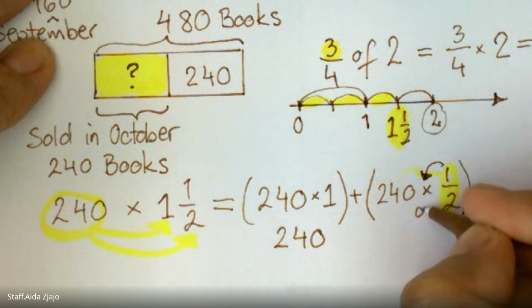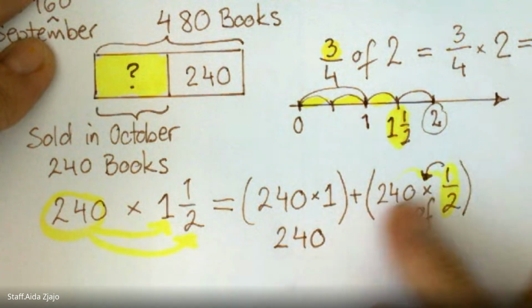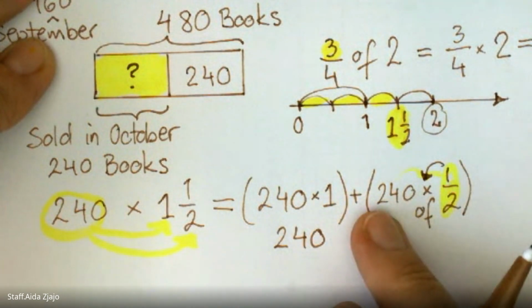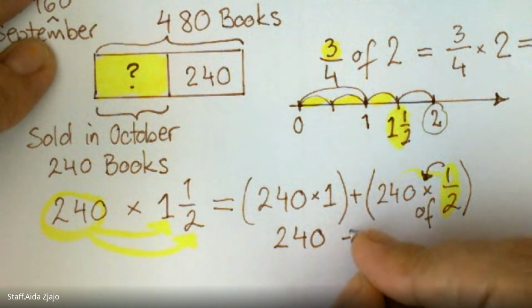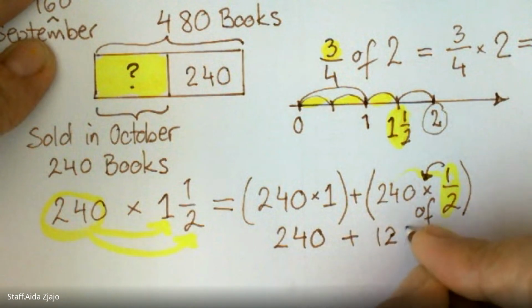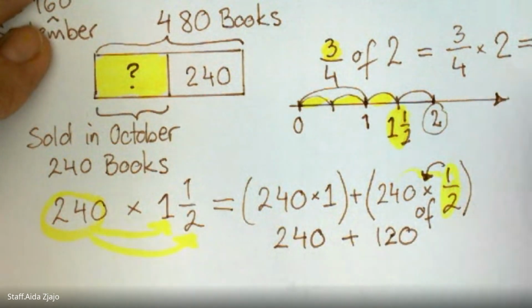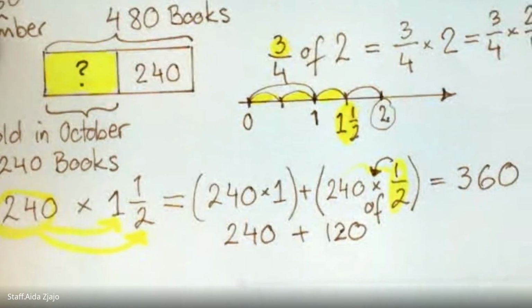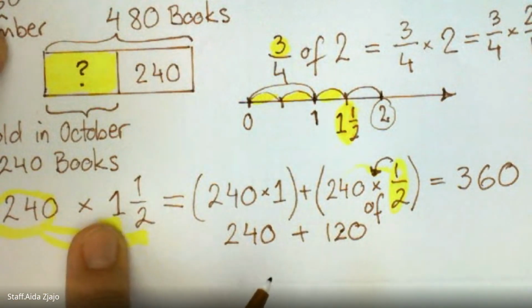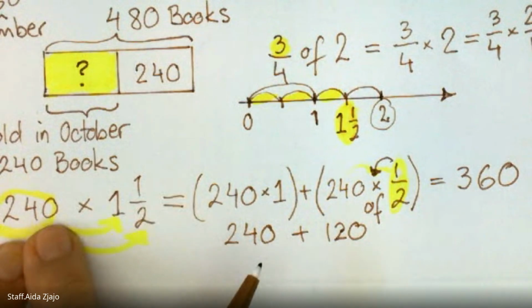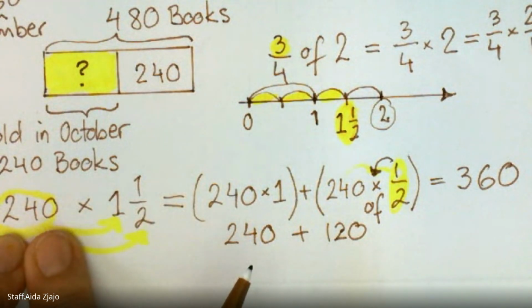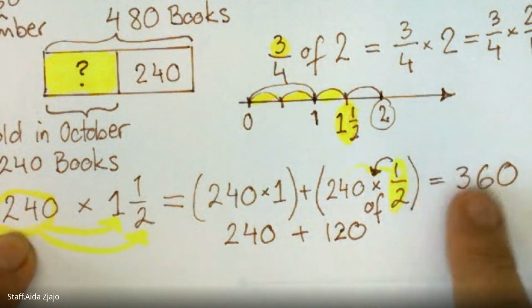1/2 of 240 is 120. So 240 plus 120 makes 360. You can also do this mentally. 240 times 1 is 240, and half of 240 is 120, so 240 plus 120 is 360.